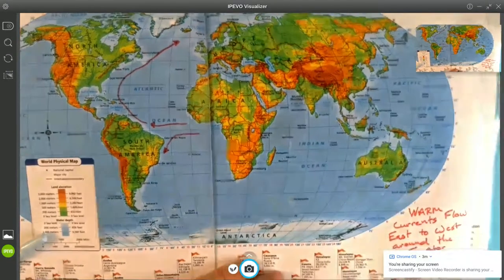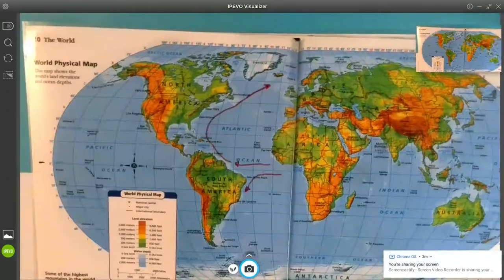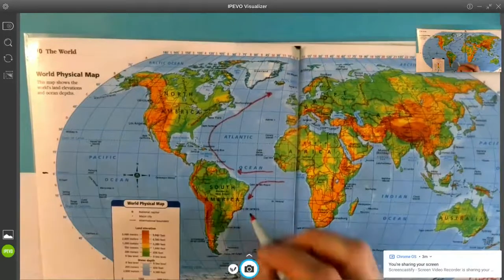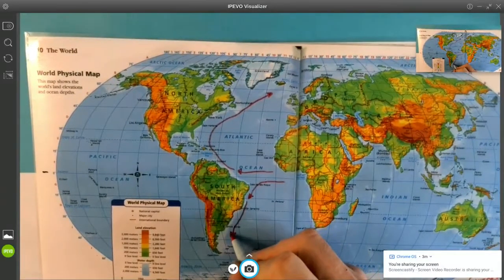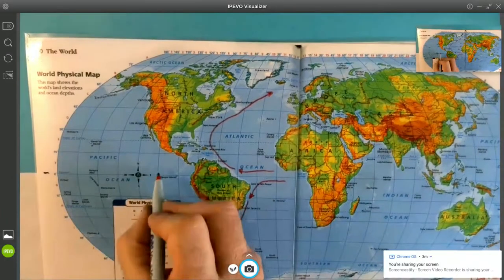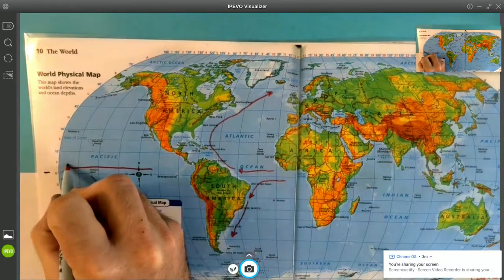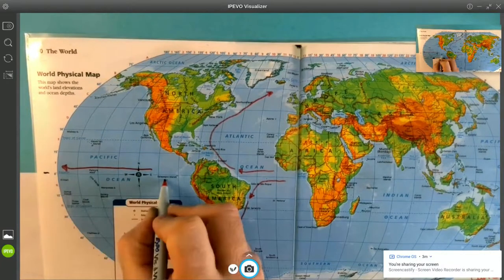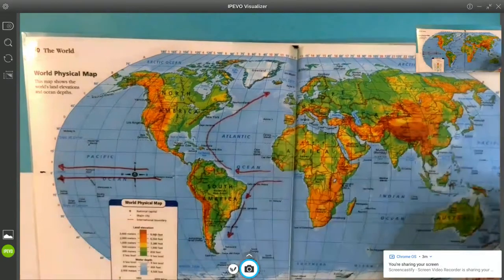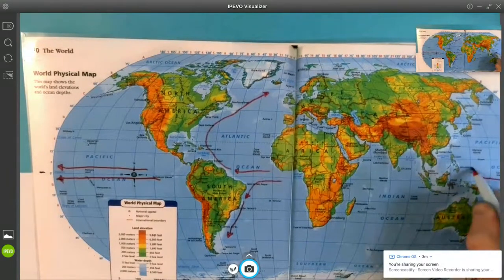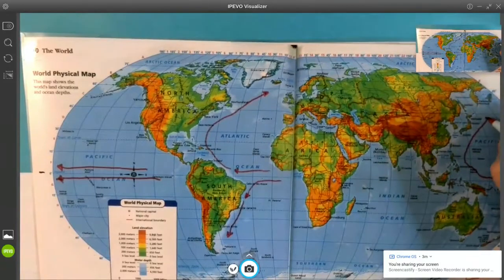Okay, so warm currents flow east to west around the equator. So you get these ocean currents that will flow around the equator and then toward the poles. And I get that there too. Around the equator. Okay. And then when they hit that land, it will bend toward the poles.